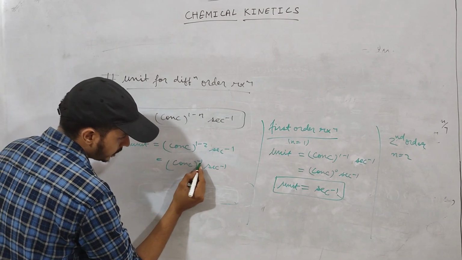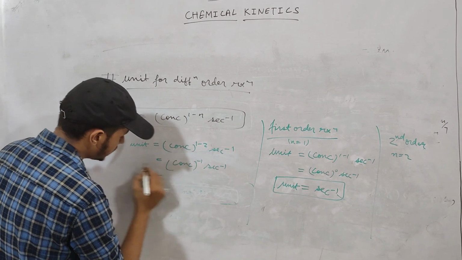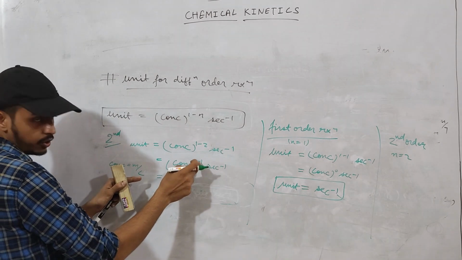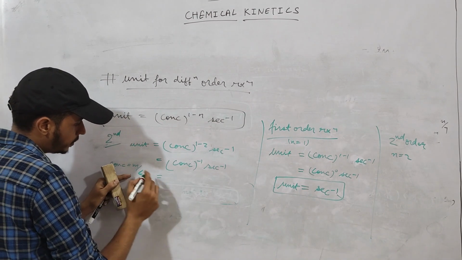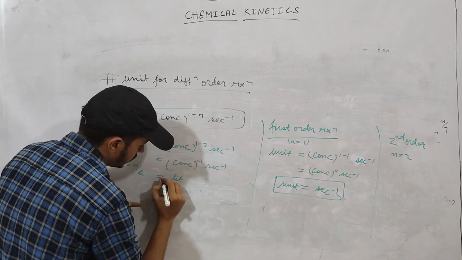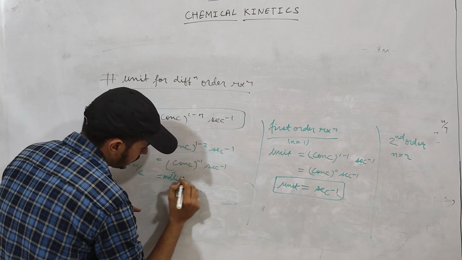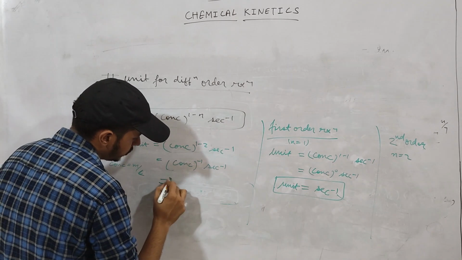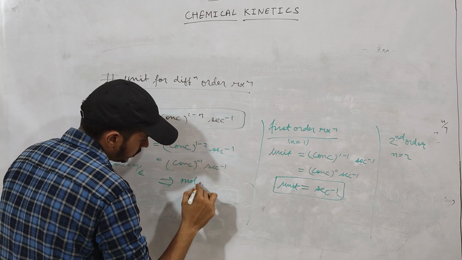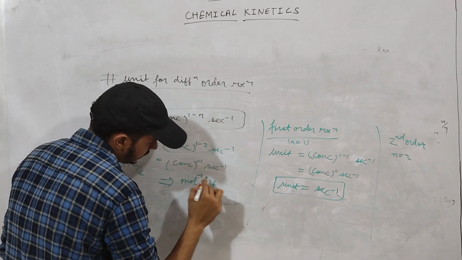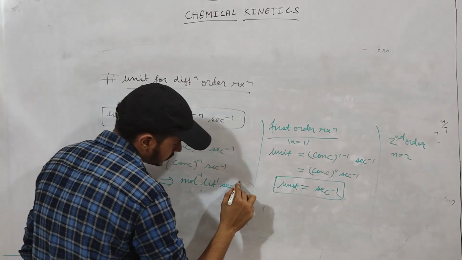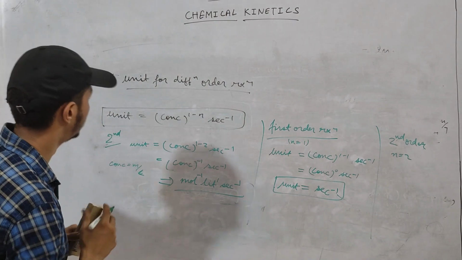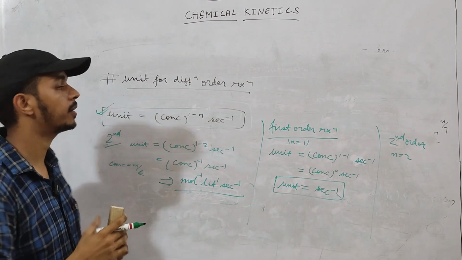Concentration can be written as mole upon liter. Since it is to the power minus 1, liter upon mole becomes inverse. So we can write the unit of second order as mole inverse liter power 1 second inverse. This is how we can calculate units for different orders using this formula.